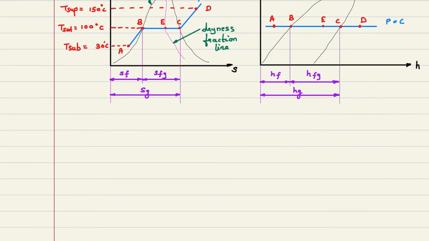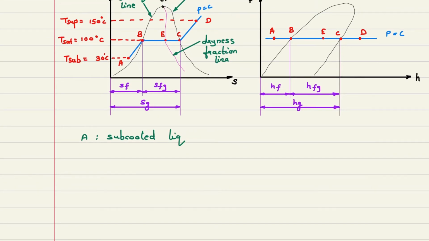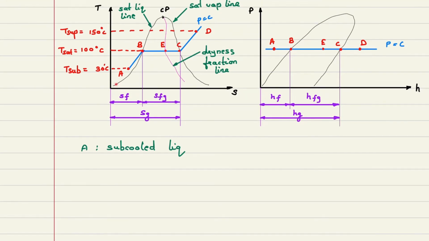So if you consider point A, it is subcooled liquid. Then second point, if you see point B, it is on saturated liquid line. So point B will be saturated liquid.